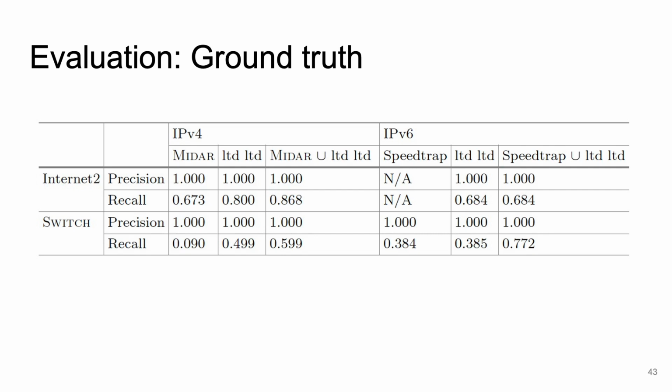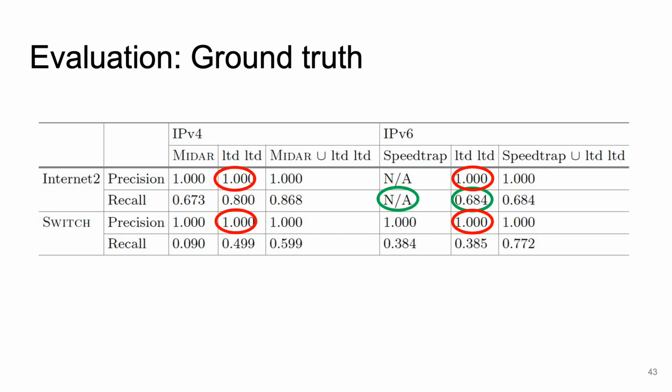So there are a couple of observations that follow this table. First of all, we can notice that LIMITED has a very high precision, and it revealed no false positives on these networks, both for IPv4 and IPv6. The second important observation is that SpeedTrap, as expected, did not reveal any aliases on Internet2 because Internet2 is composed of Juniper routers.